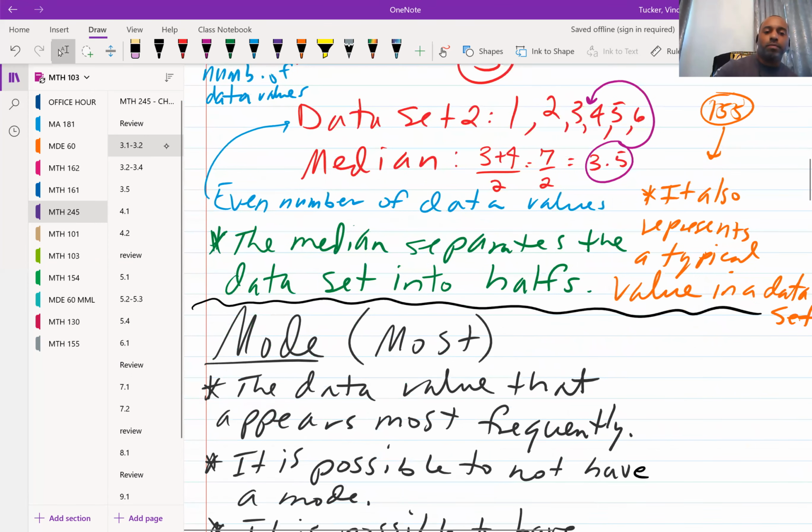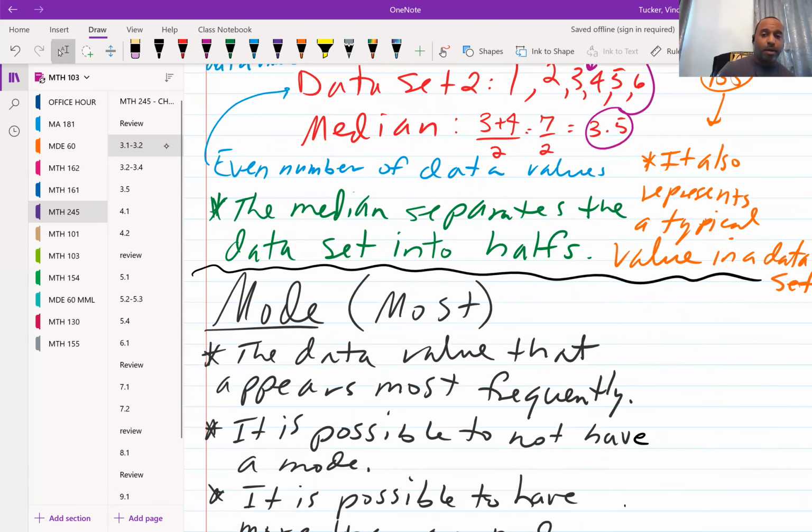Next one is your mode. And you can think about most when you think about mode. So it's the data value that appears the most frequently. It is possible to not have a mode.